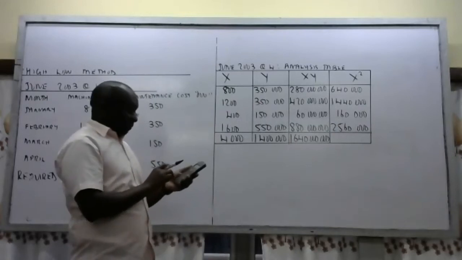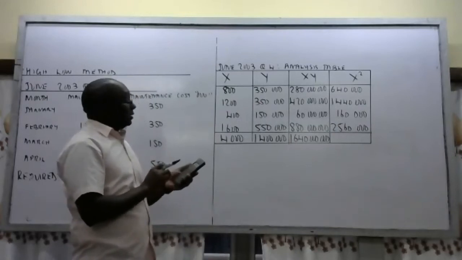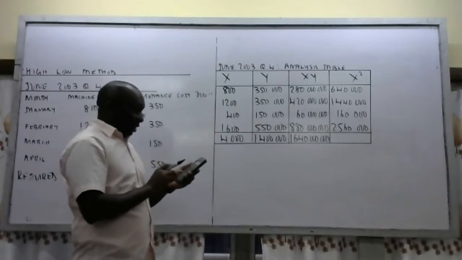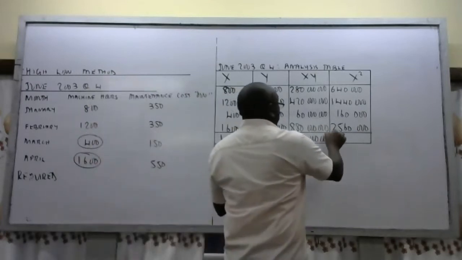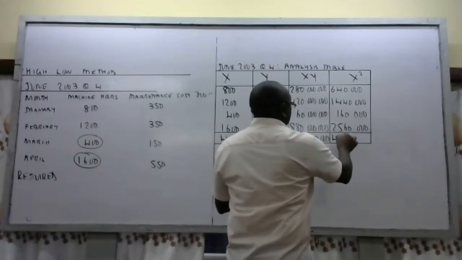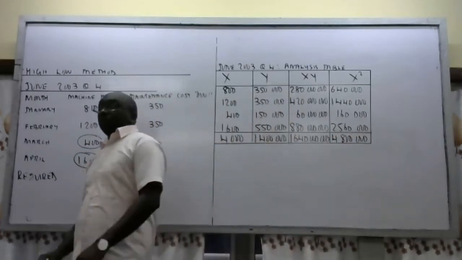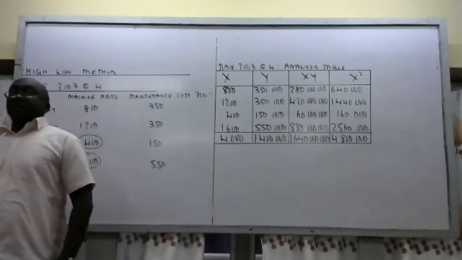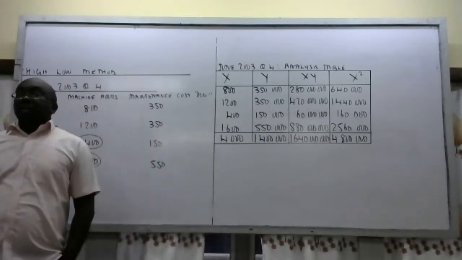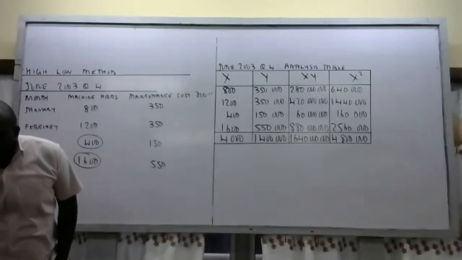So 640 plus 1,440 plus 160 plus 2,560 is 4,800,000. So I know we are familiar with those procedures. That's why I'm moving faster.